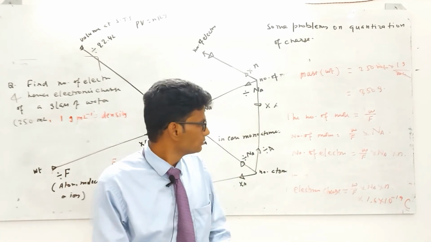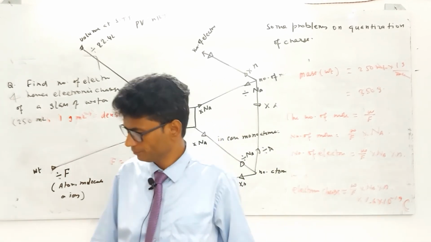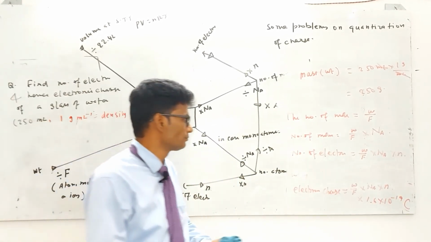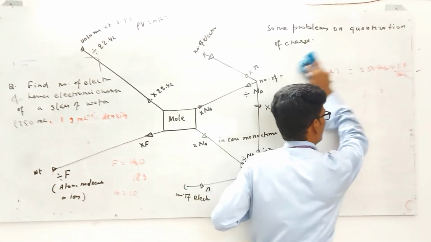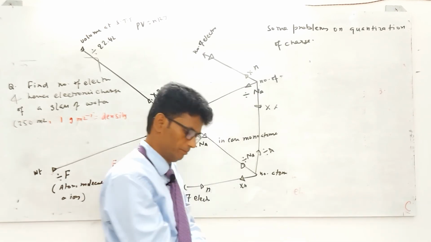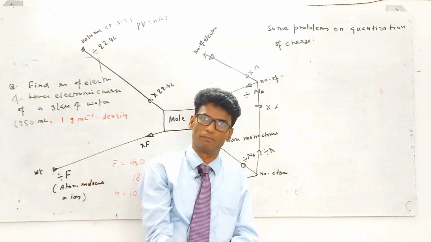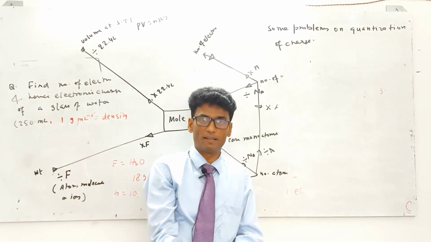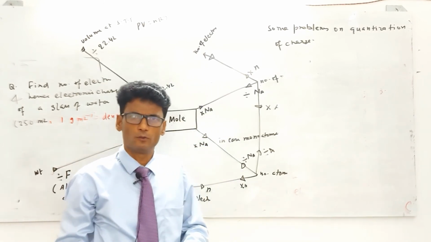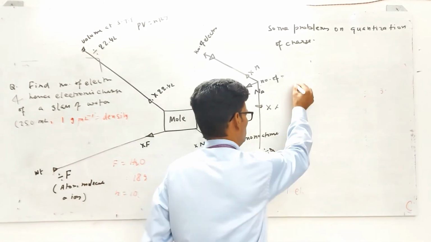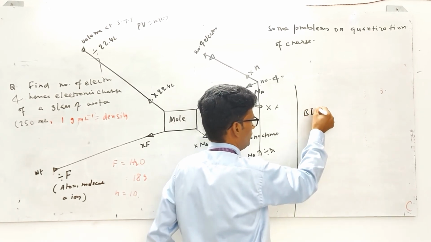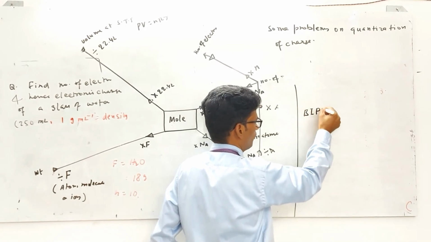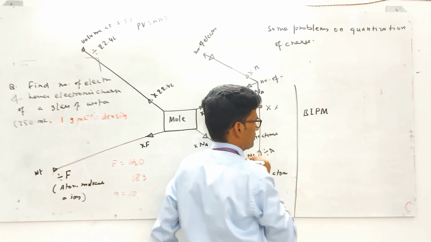During the middle of the lecture, by mistake, I stated BIPM as a German word. I corrected myself: it is a French word. BIPM is the short form of International Bureau of Weights and Measures.